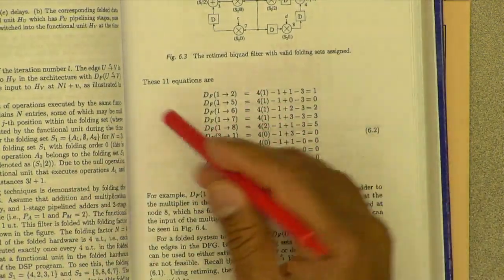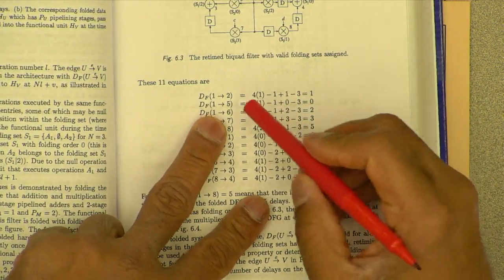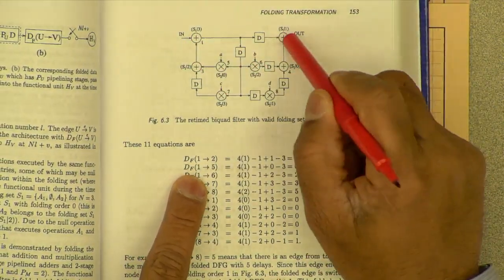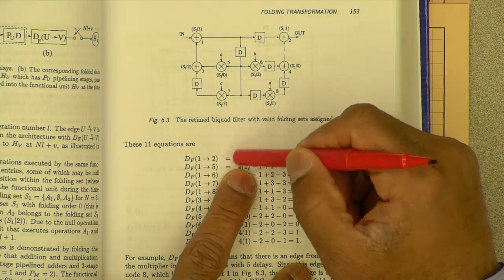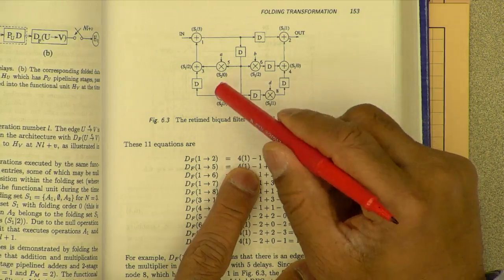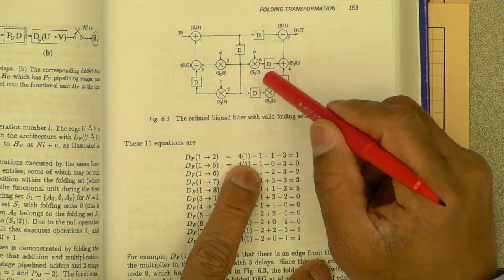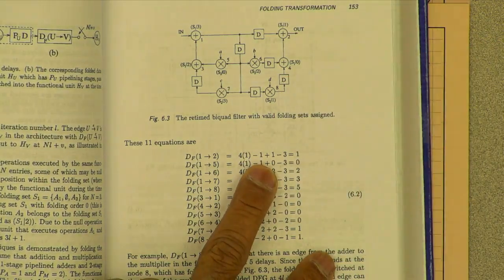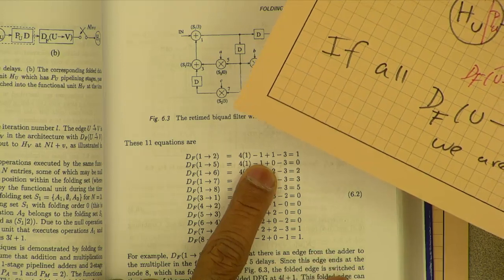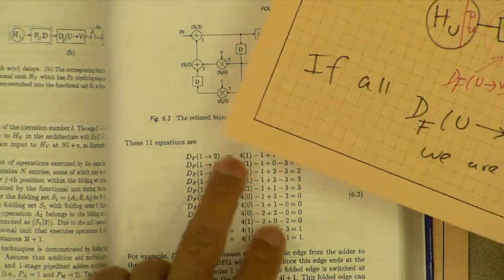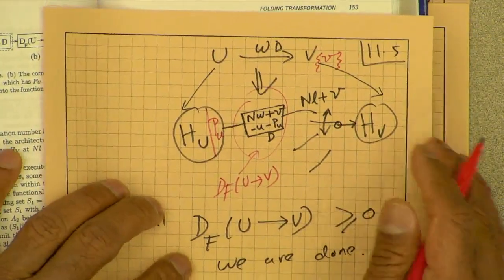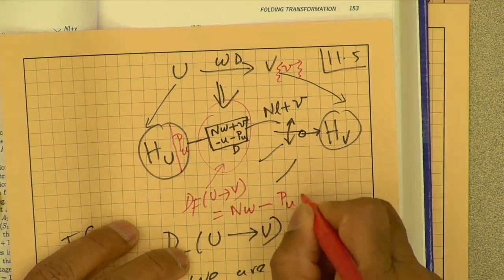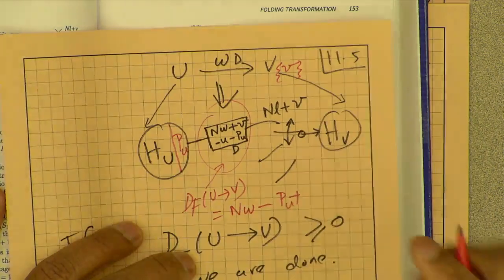Now if you compute this number of folded delays that I just described, for example DF 1 to 2, so from addition 1 to addition 2, node 1 to node 2 is n, which is the folding factor 4, 4 additions mapped to 1 adder, 4 multiplications mapped to 1 multiplier, times the number of delays from this to this is 1, minus, so the formula that I am using here is n times w minus p_u plus v minus u.